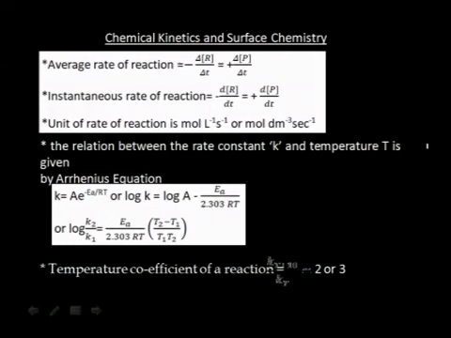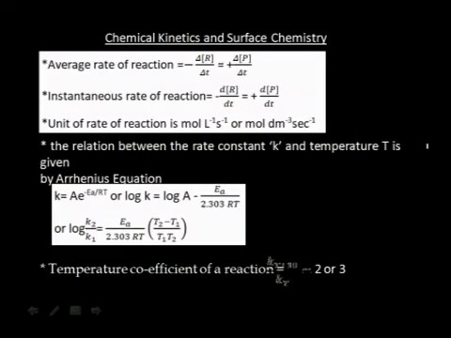Instantaneous rate of reaction refers to the change in the molar concentration of a reactant or a product in a small time interval, and it is given by minus dR by dt, or equal to plus dP by dt, depending on whether we are expressing the rate in terms of concentration of reactant or product.